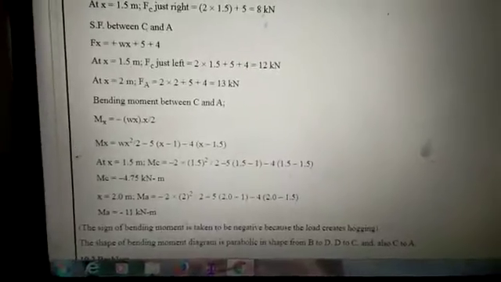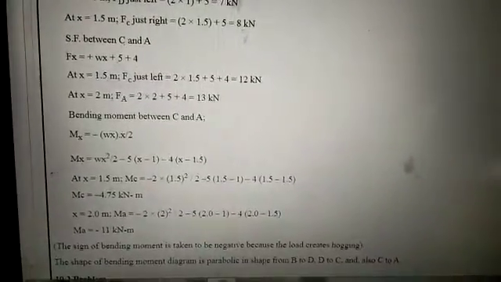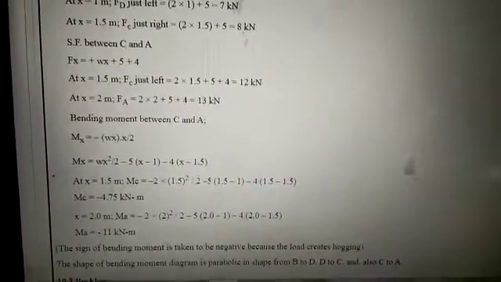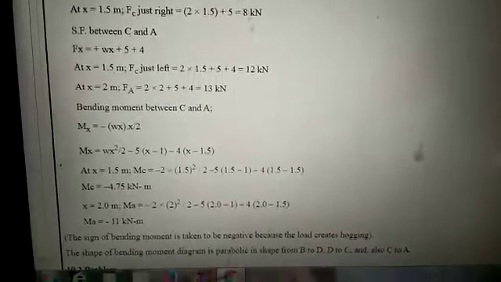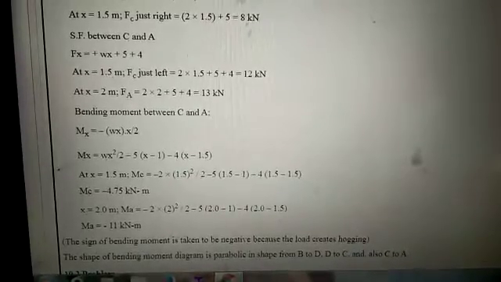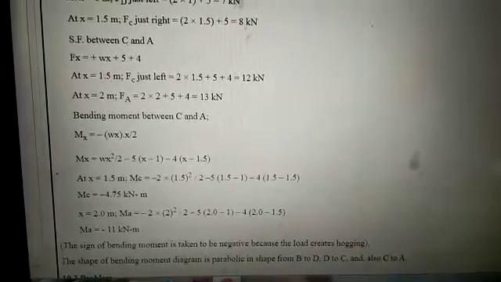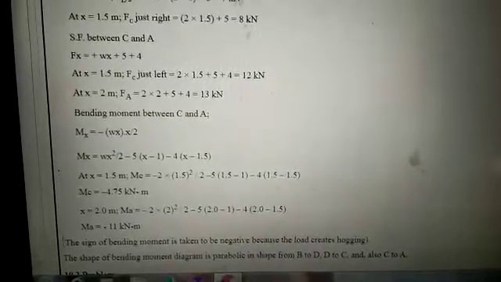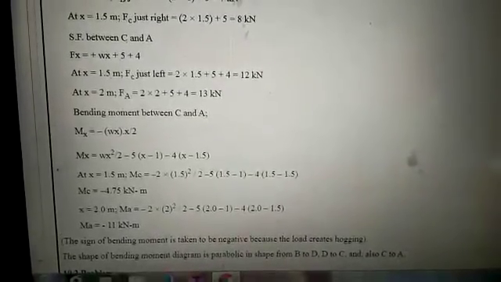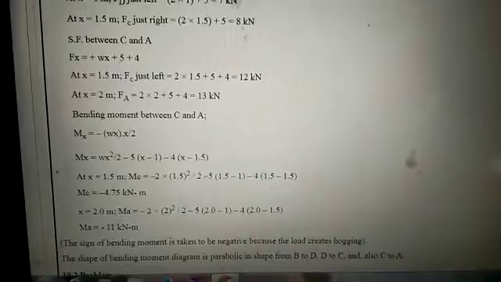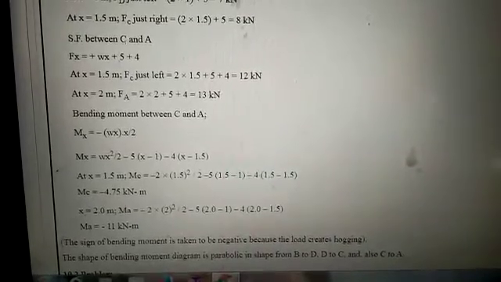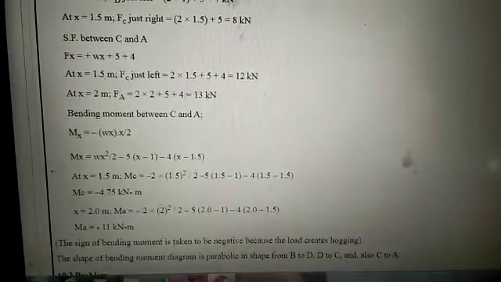So again come to the point C, which is nearer to the point A. It is at a distance of 1.5 meter, clearly seen in the diagram. So the value of moment at C is denoted here. It is minus 2, that is the UDL, into 1.5 square, that is the value of x, divided by 2, minus 5 into 1.5.